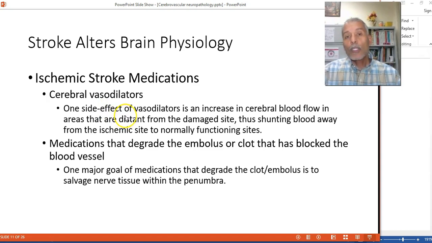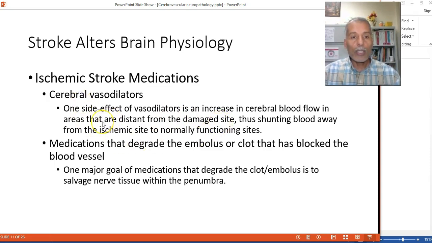And one of the side effects of these medications is an increase in cerebral blood flow in areas that are distant from the area that you want to treat. So that, in effect, is going to take away blood from the site where you need blood in. So that is one of the side effects.